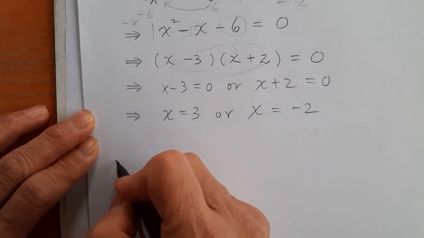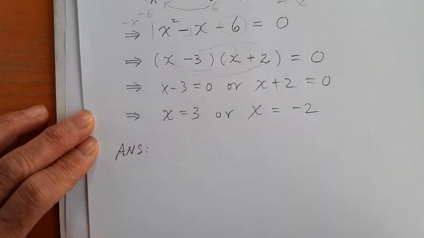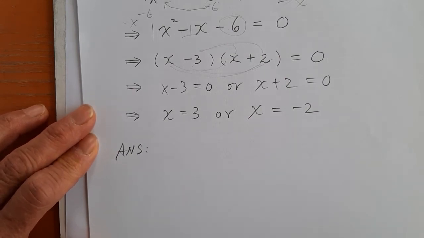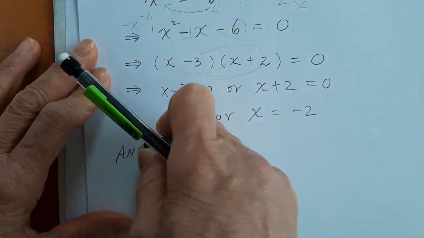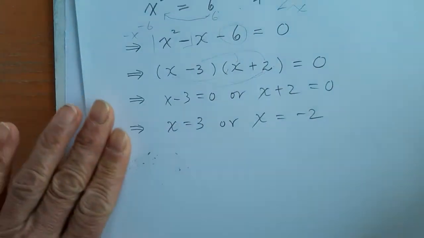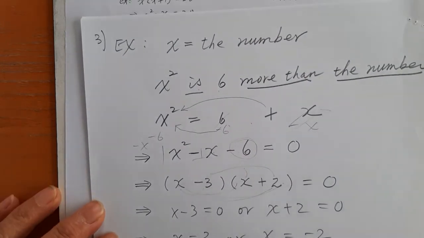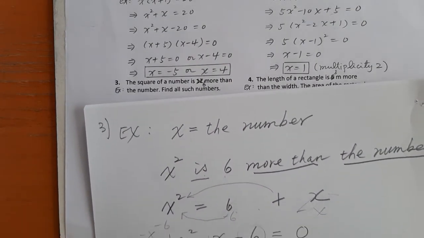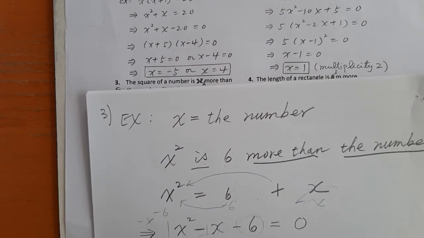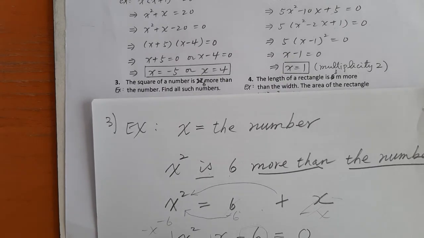And since it's a word problem, you have to answer in words. And before you answer, you can check whether the answer is correct or not. The question says the square of the number is 6 more than the number.